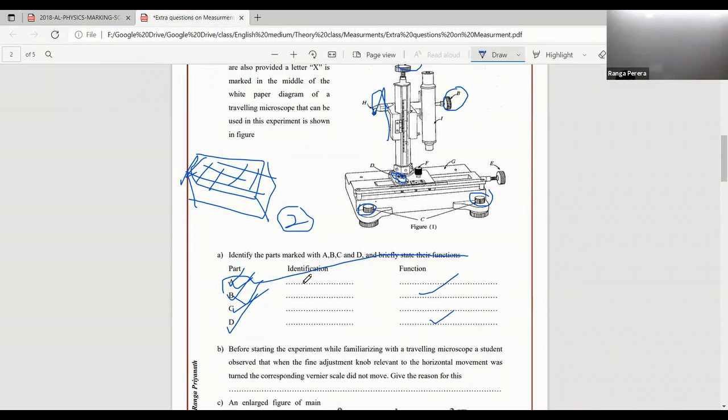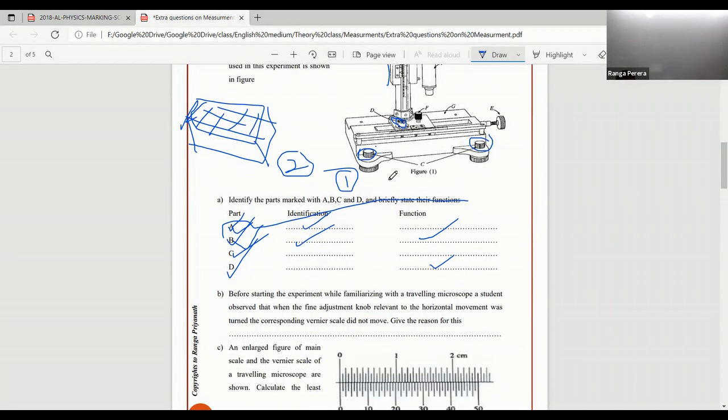If 2 answers are correct, let's say A and D are correct and the other 2 answers are wrong, you get 1 mark. If 1 is correct, you don't get any mark. That's how the marks allocation takes place. Three or more, you get 2 marks; 2 correct, 1 mark; less than 2, you don't get marks.